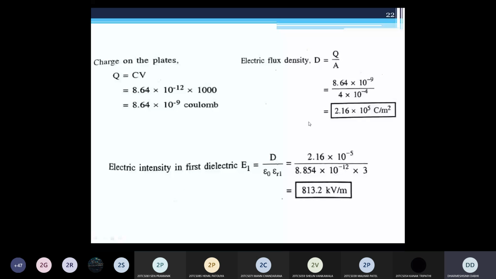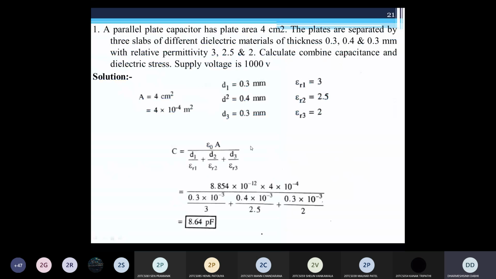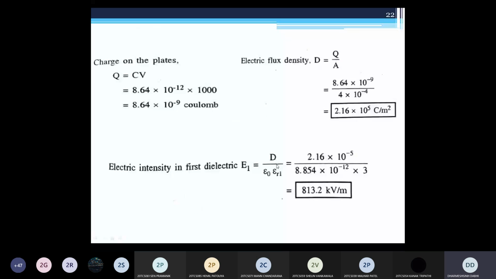So finally we get the electric field intensity for first dielectric material, because here there are 3 different dielectric materials which have permittivity ER1, ER2 and ER3. So here I measure the field intensity for first material. That is nothing but D upon epsilon 0 into epsilon R1. So you get the value 813.2 kilovolt per meter.